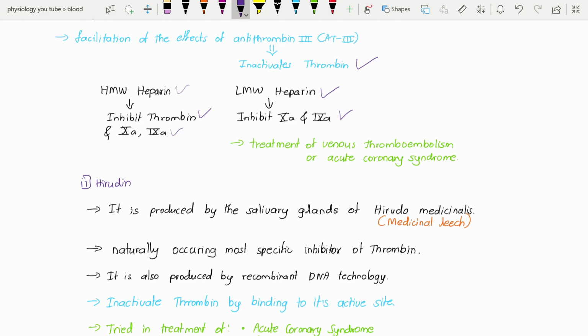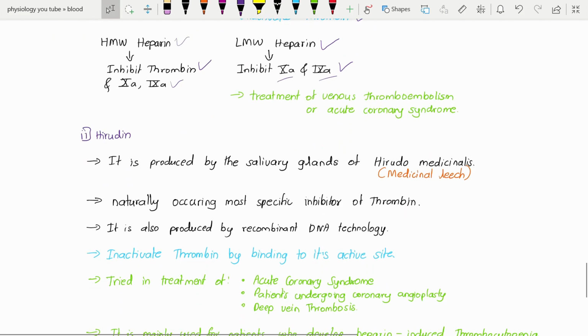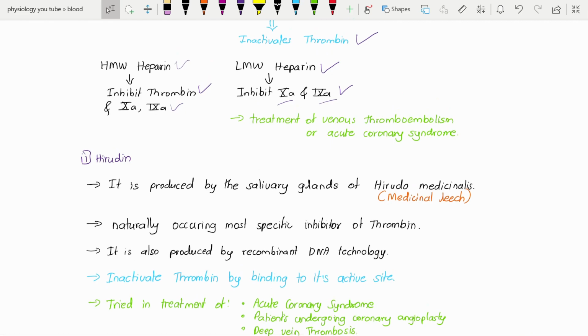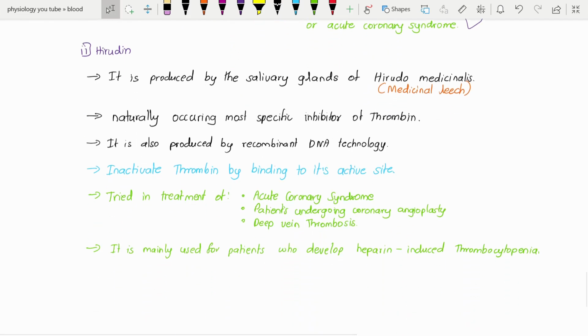It inhibits thrombin, 10 and 9, and low molecular weight heparin has fewer functions. It inhibits only 10A and 9A, and it is used for the treatment of venous thromboembolism and acute coronary syndrome.